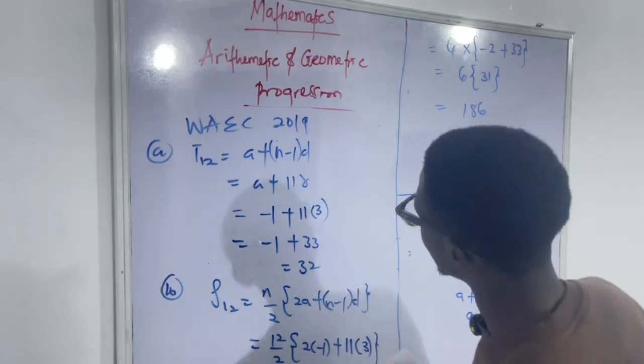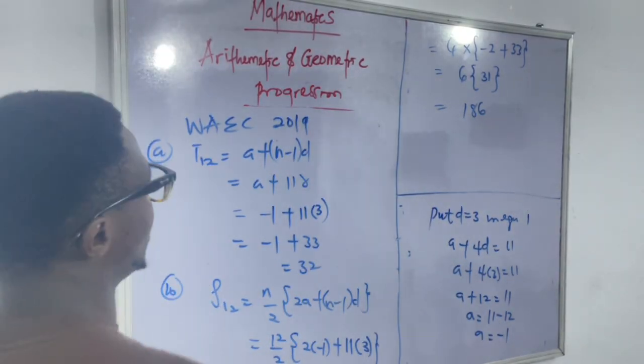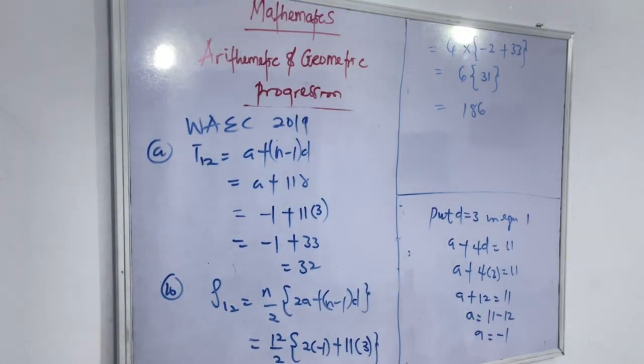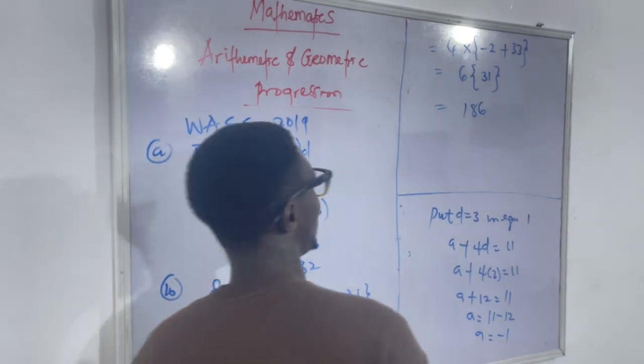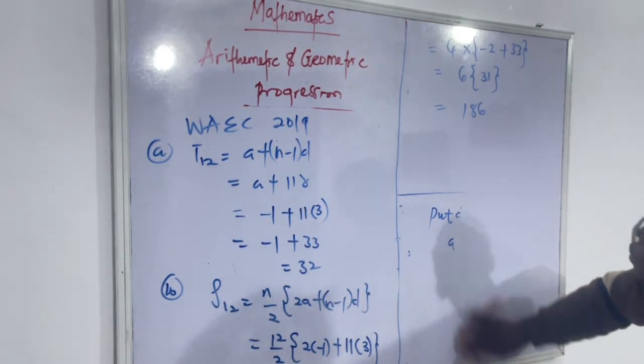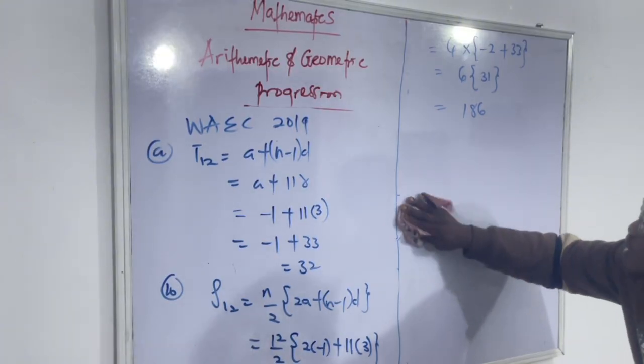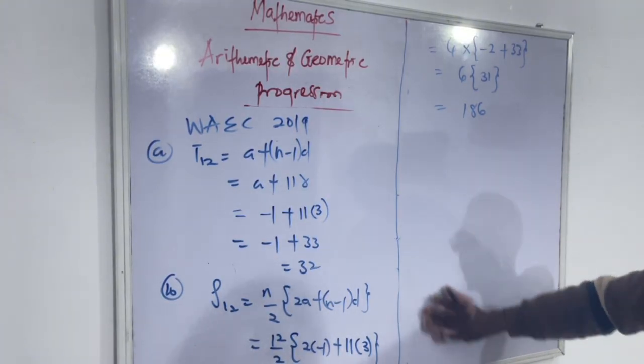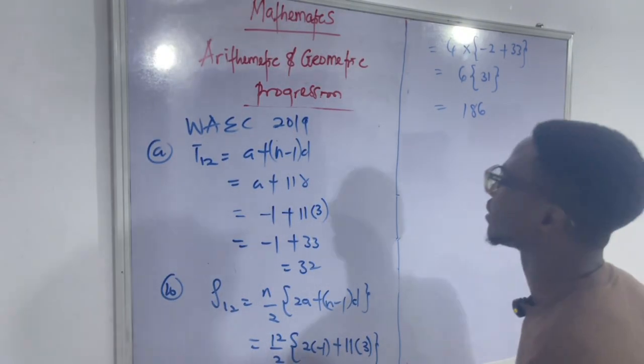So the answer is 186. The sum of the first 12 terms is 186. Then let's solve a question on geometric progression, then we end it there.